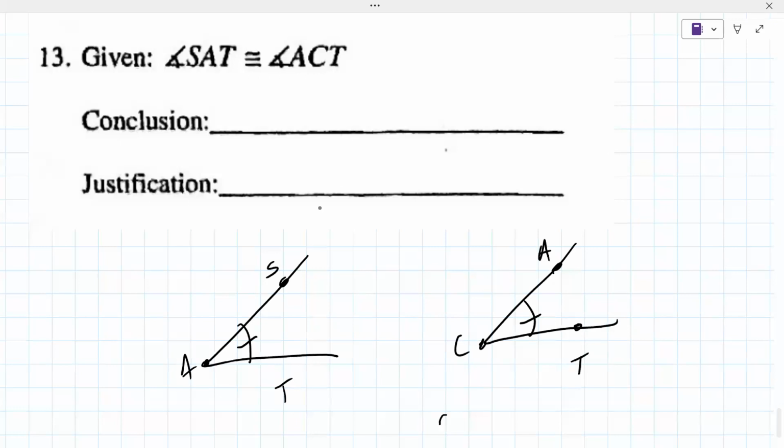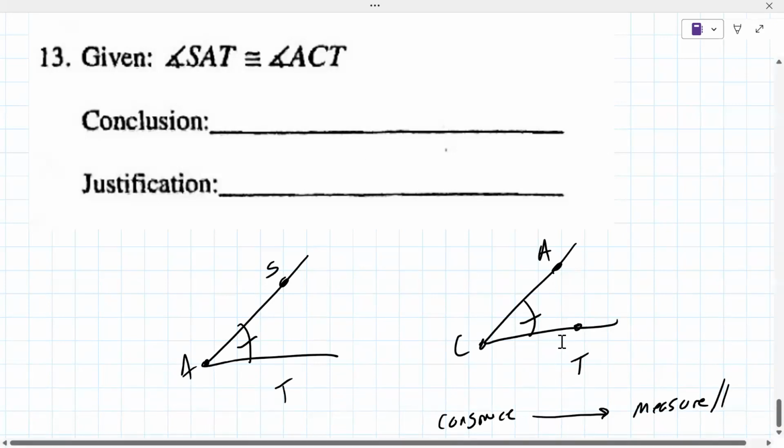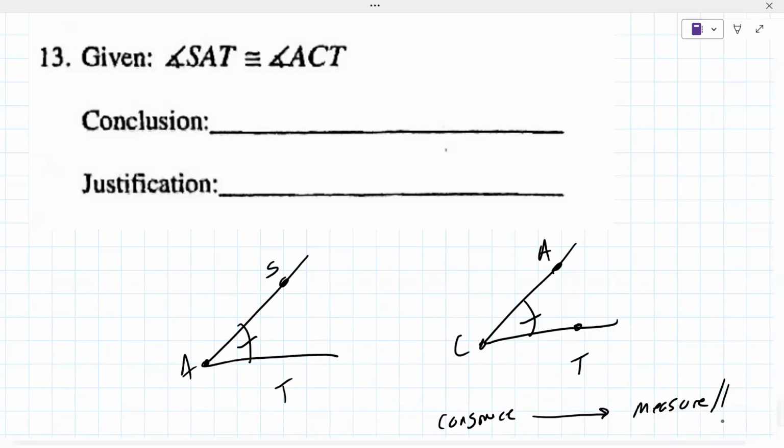What does congruence lead to? Same length, same measure. Check which word. In this case, it's angle measure. Usually measure is the more official word, which means that the measure of angle SAT equals the measure of angle ACT.